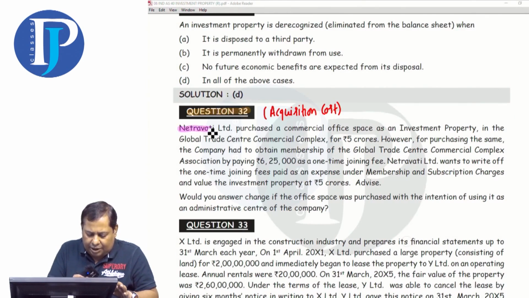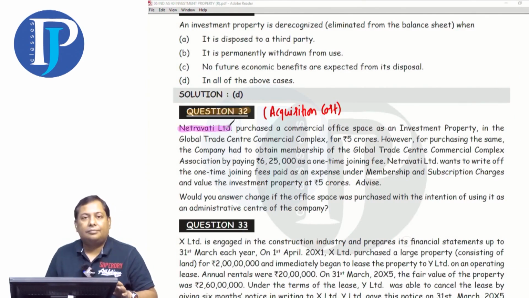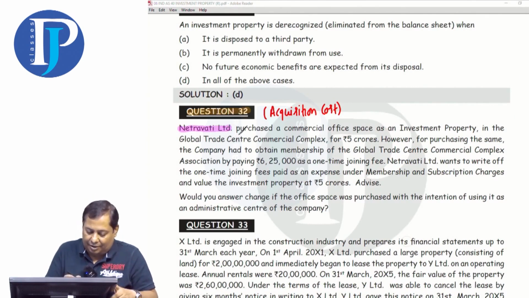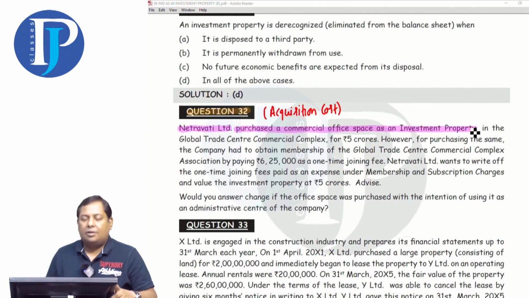Netravati Limited. What an interesting name. So Netravati Limited purchased a commercial office space as an investment property, okay? Hence, if the question says it's an investment property, the dispute ends. Ind AS 40 will apply.